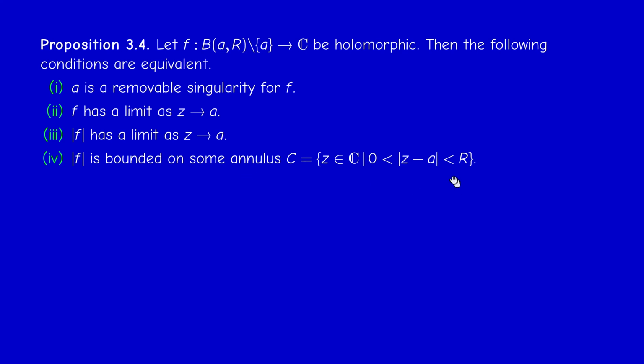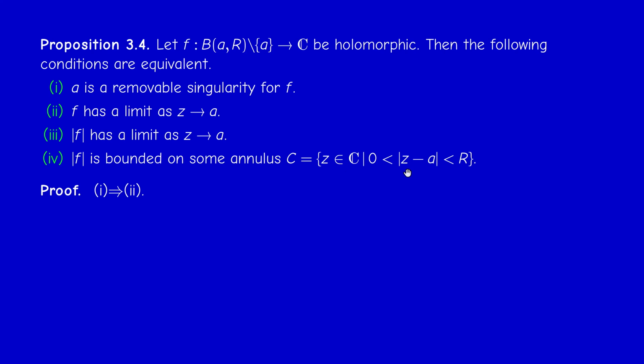I should put another r here, a small r less than capital R, an annulus inside the annulus, because f may tend to infinity at the boundary. But I just need boundedness around a. So it's a local property.